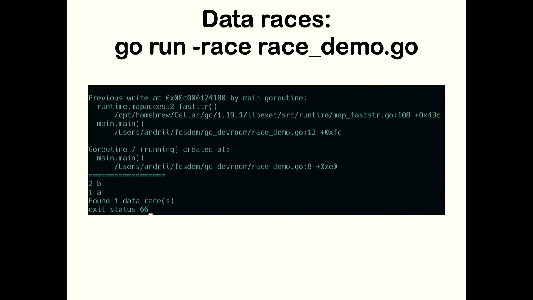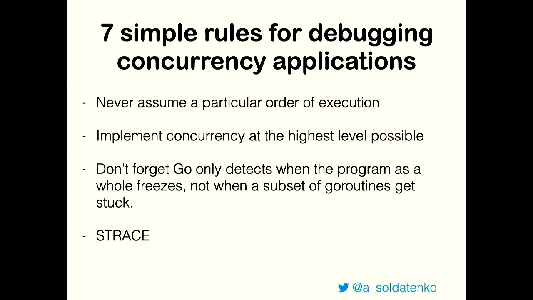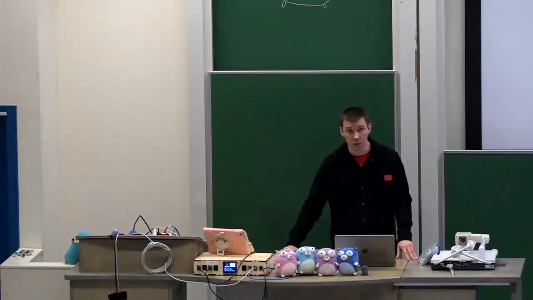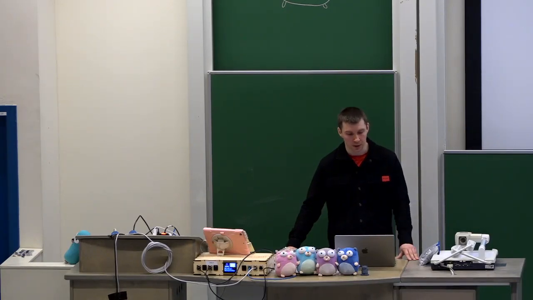So now I have seven rules for you, on how to unblock yourself when you get stuck on something and you don't know how to debug it. First, never assume a particular order of execution. When you're writing concurrent programs, always think about not running them in a particular order.